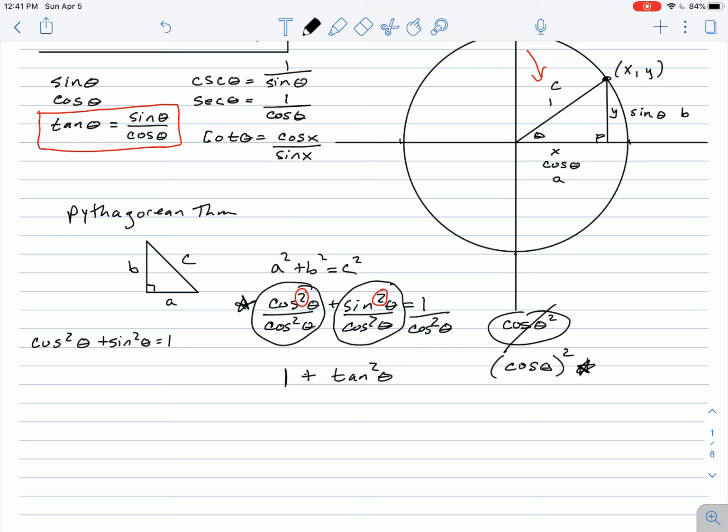Everything's just squared, which is also legal in algebra. In addition, on the right here, I have 1 over cosine squared. Well, if you square both sides of this, you get 1 over cosine squared, and that is going to equal secant squared. So by dividing by cosine squared, I actually get this second Pythagorean identity.